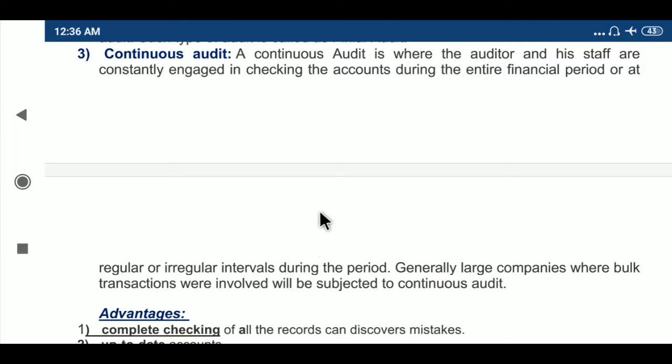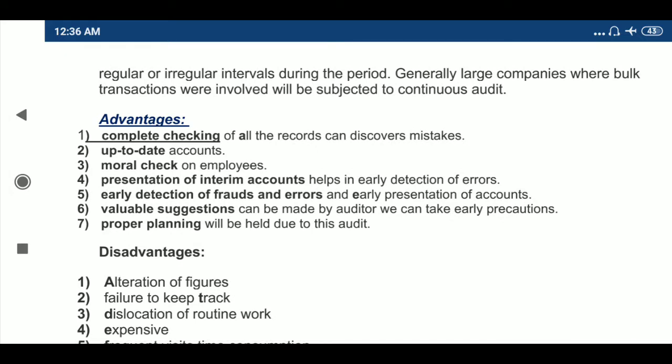So it is done throughout the year. Generally, large companies where bulk transactions are involved will be subject to continuous audit. So this is an important concept.